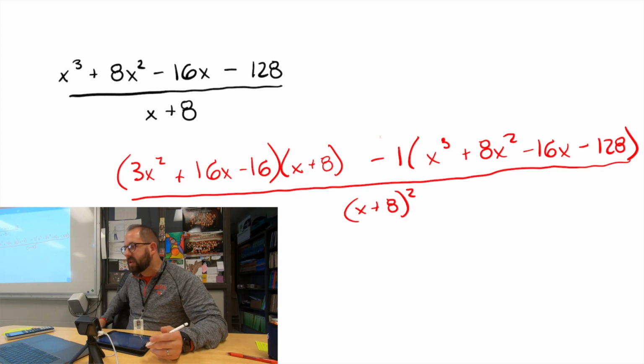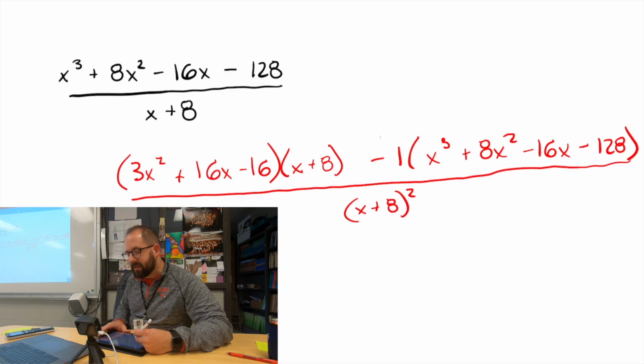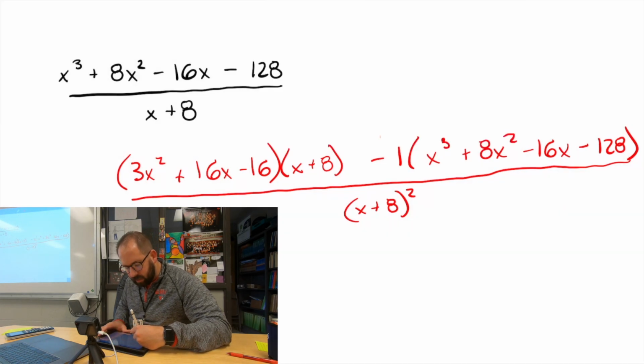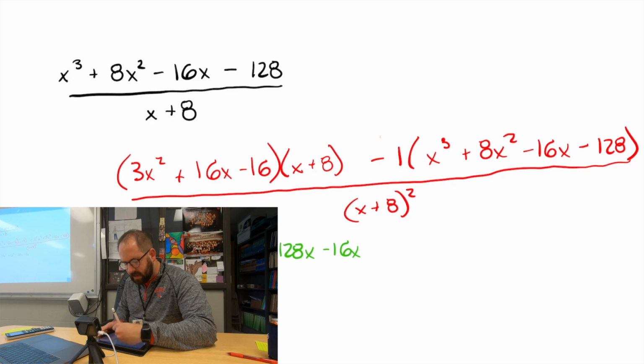Okay, now if we simplify the top, I know this is not the prettiest thing. We simplify it all the way down. We have to distribute, FOIL the top. The top left corner ends up being 3x cubed plus 24x squared, and then 16x squared plus 128x minus 16x minus 128.